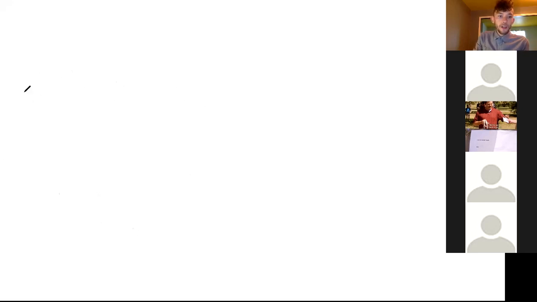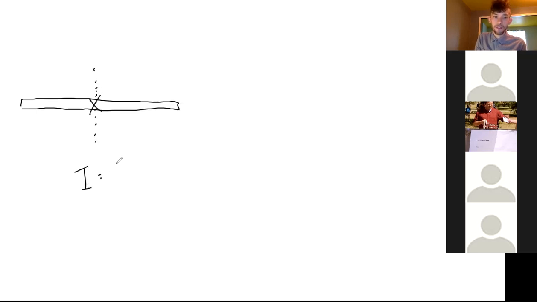Okay. So typically what we like to do, and we've done this many, many times, we did this before spring break, I just want to remind you guys about it. So typically we like to first look at an object rotating about its center of mass and find the I value for that using calculus. But what if we wanted to find the I value for an object not rotating about its center of mass, but maybe rotating about a different point?